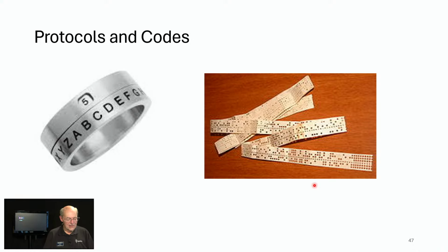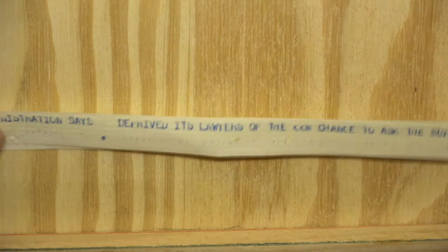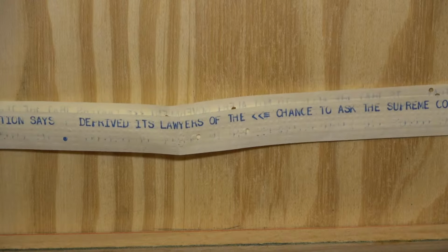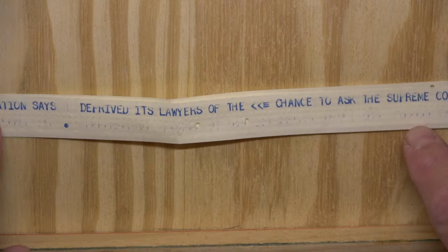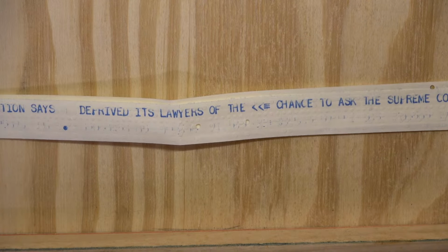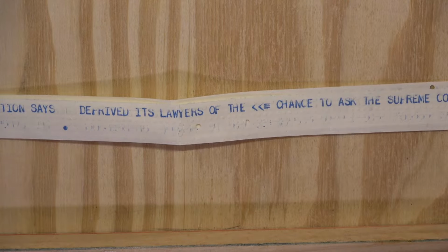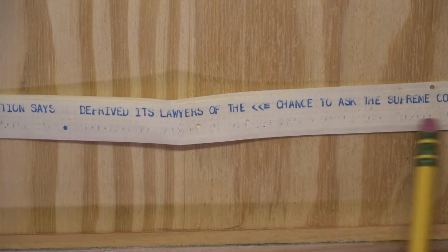The other thing that I've got here is a piece of paper tape. Now this we're going to see when we get more into radio teletype, and I've got some here that I brought along. I think you can sort of read that. What you could do is go to a telegraph office and tell them what you wanted to send somebody, and they'd punch it onto a paper tape like this.